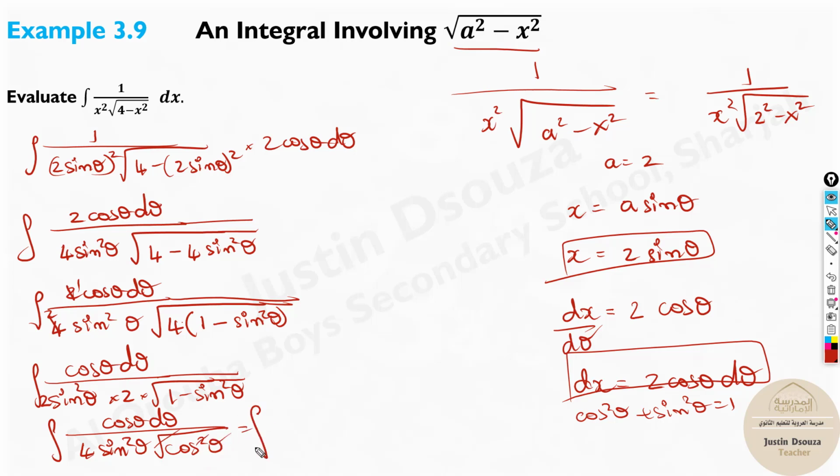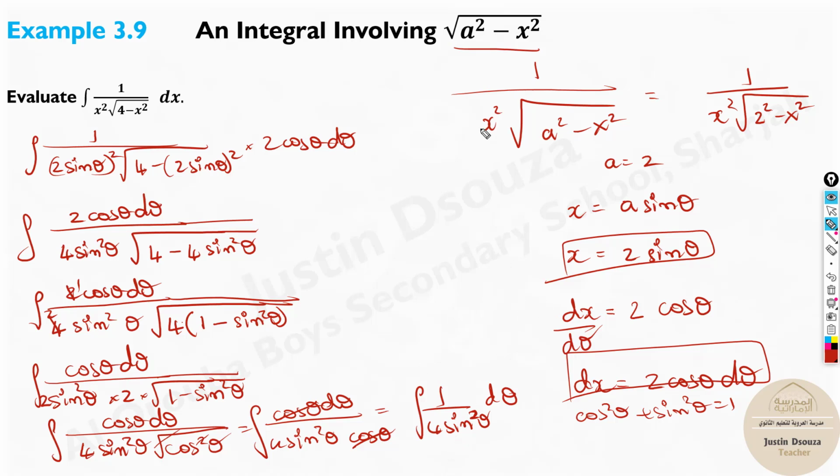So this is going to be cos theta d theta divided by 4 sine square theta into cos theta, because the square is gone. Now this cos theta cancels and I'm just remaining with 1 by 4 sine square theta d theta. Now do you know what is this formula? How can we solve this?